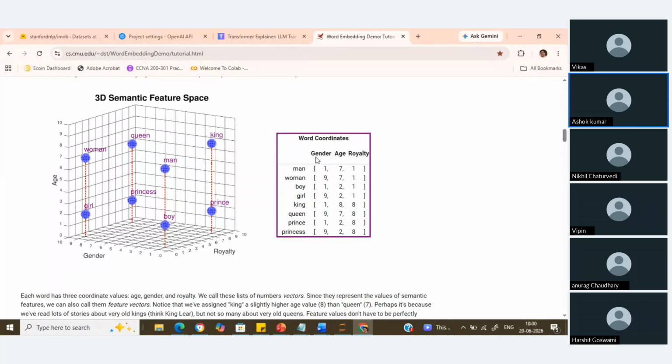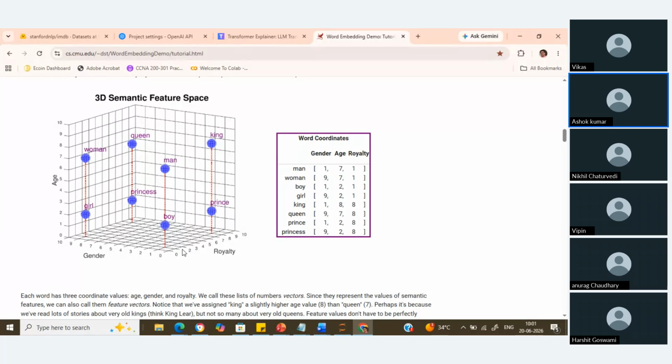So if we are going to fetch the word coordinates from this particular 3D semantic feature space, say man is 1 at the gender axis, and it is 7 at the age axis. So this is the age axis, and man is over here, 7 somewhere. And then it is 1 at the royalty axis.